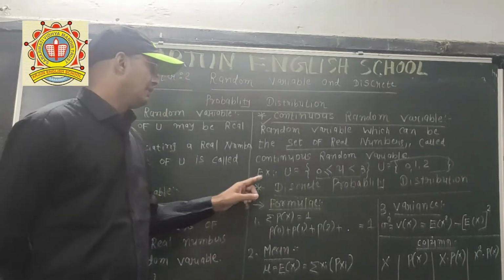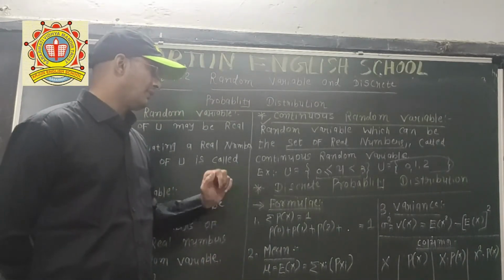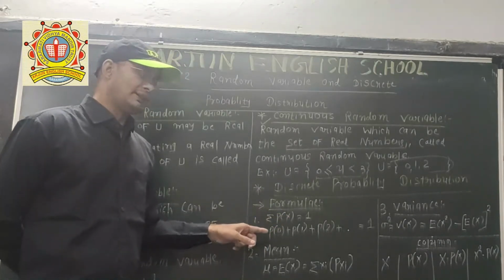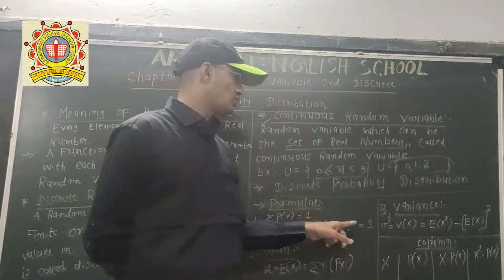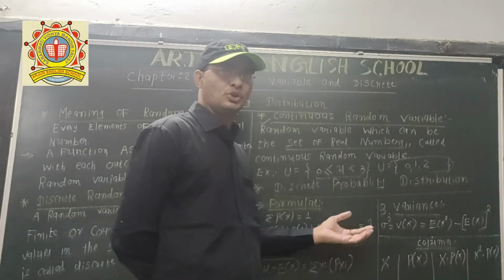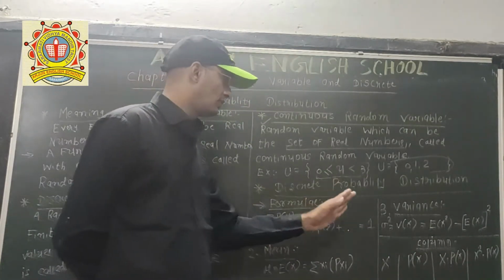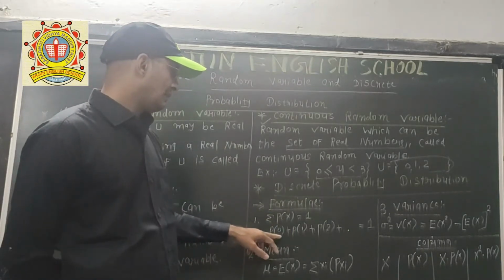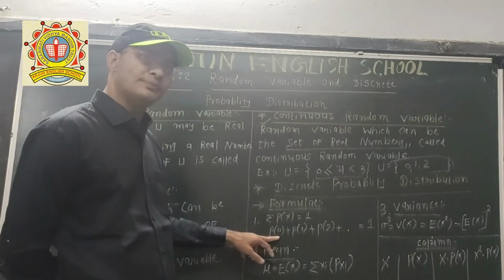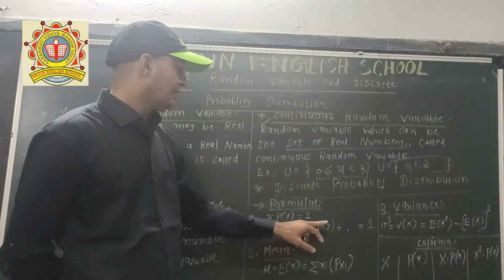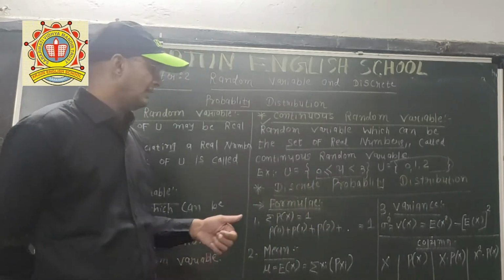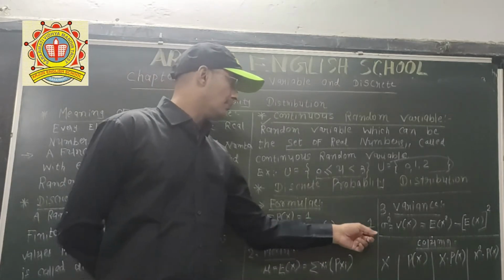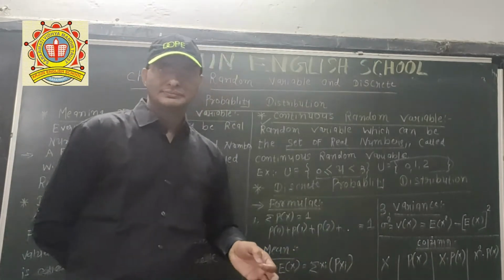Remember one thing, in this point, the total of all the possible probabilities should be equal to 1, not less than 1, not more than 1. Let's say if there are three probabilities, P of 0, P of 1 and P of 2, then the sum P of 0 plus P of 1 plus P of 2 must be equal to 1.